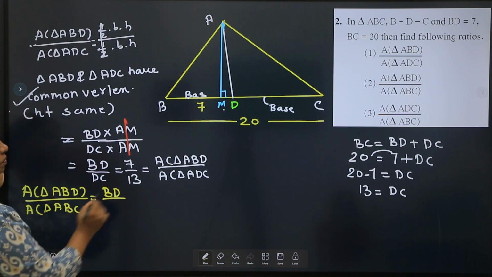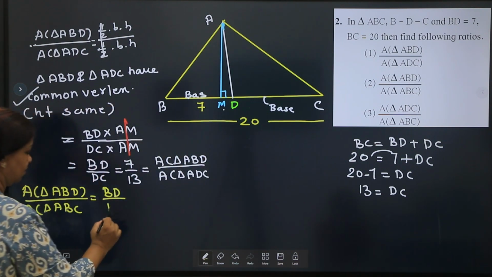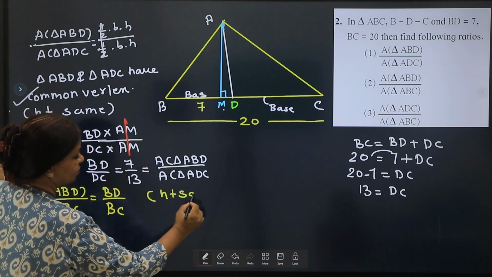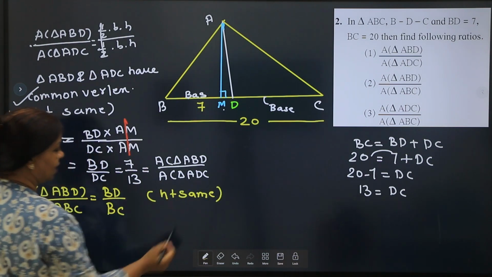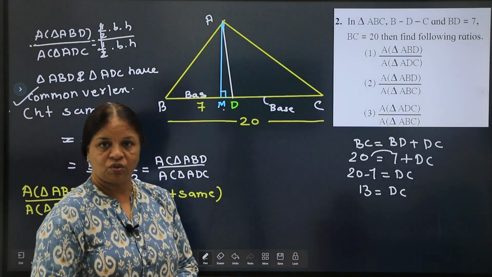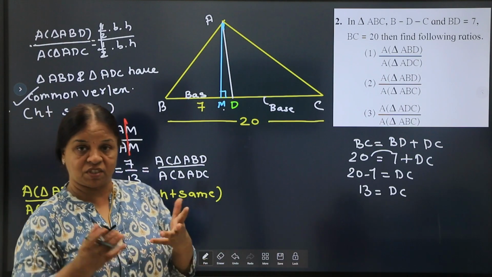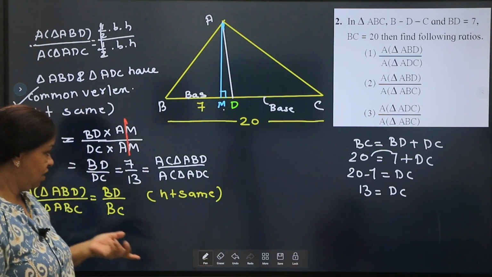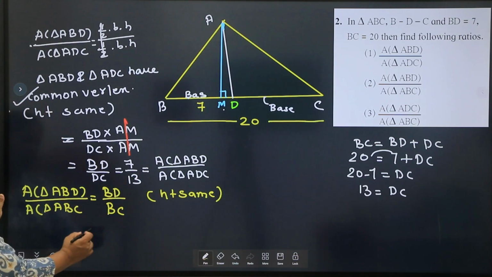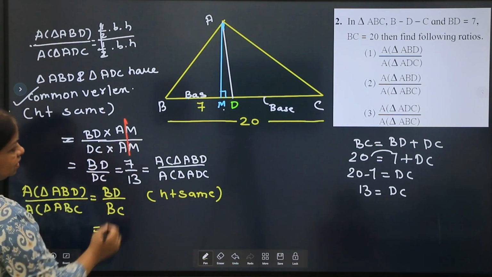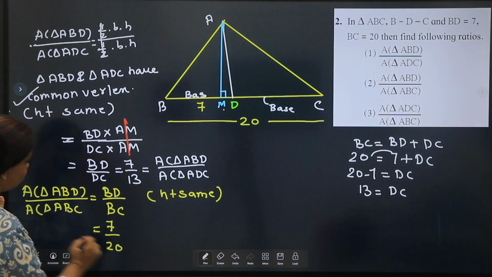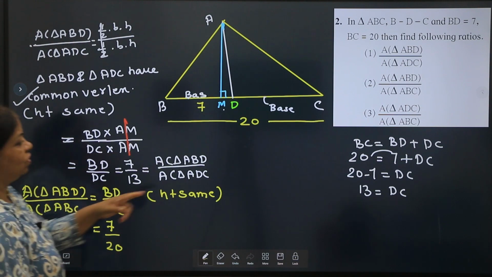What is the base of ABC? BC. Height is the same, so height gets cancelled. I am not doing it in detail here, I have done it in so many earlier videos. So by now in the problem set you must be knowing it. So we get BD upon BC. And how much is BD? BD is 7. And how much is BC? 20. So this also we got.